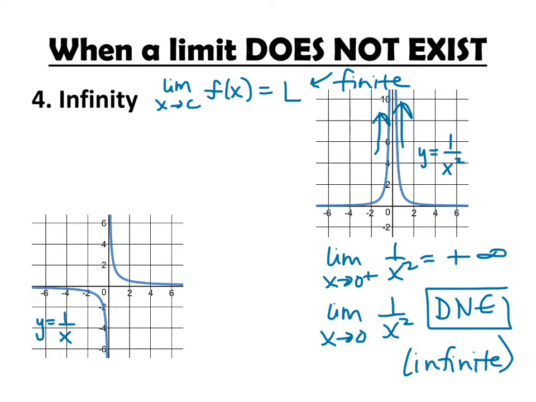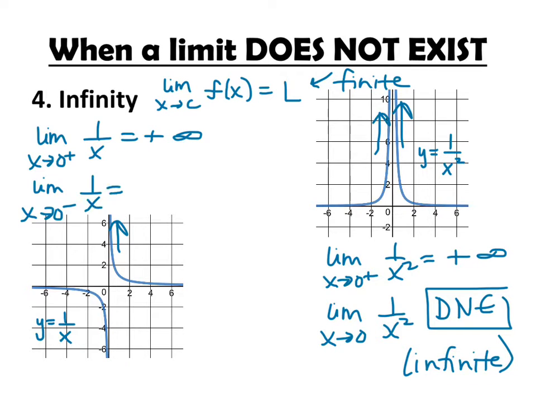The function y equals 1 over x is slightly different. If we're approaching 0 from the right, we would have limit as x approaches 0 from the right, 1 over x. We could write this one as positive infinity for notation and also for direction. When you take the limit as x approaches 0 from the left, we're going to get negative infinity.